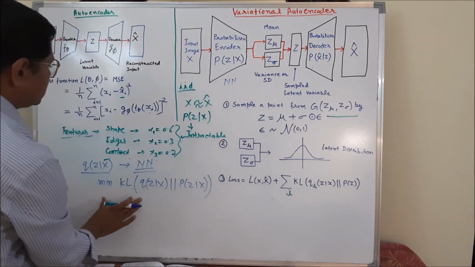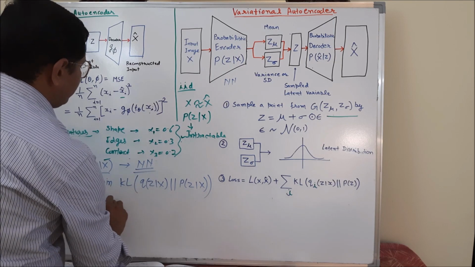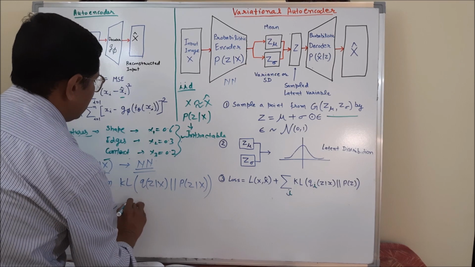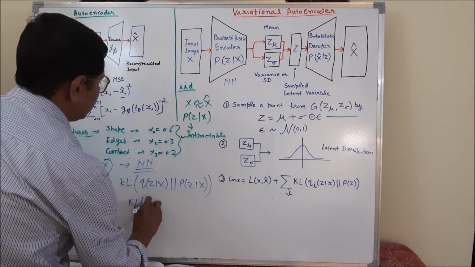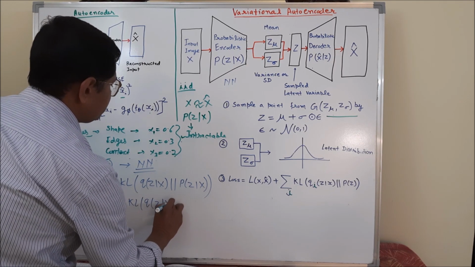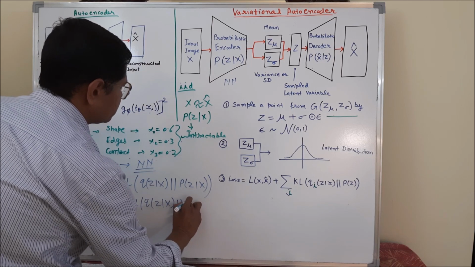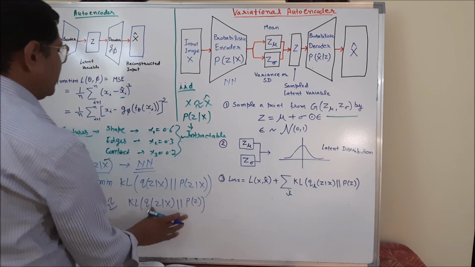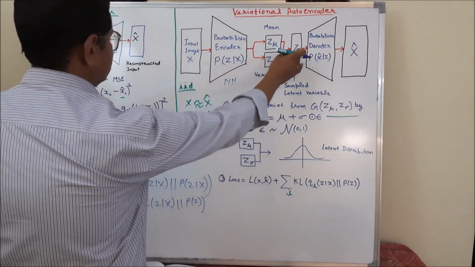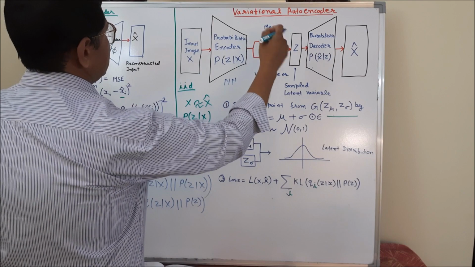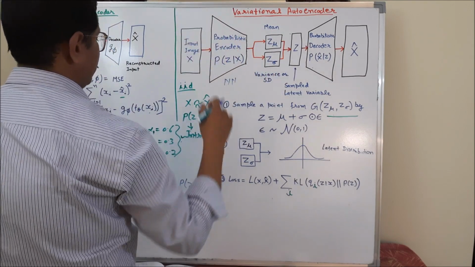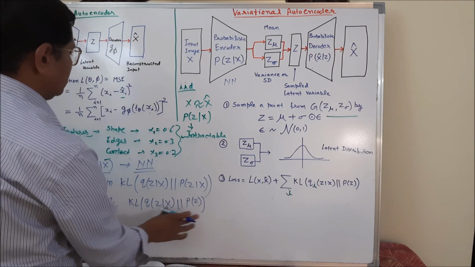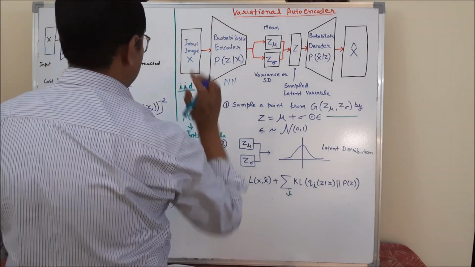After some derivations, we generally get this KL divergence, which is near to Z. Suppose we have an available prior distribution of Z, so it should be similar. So now this problem is solved.